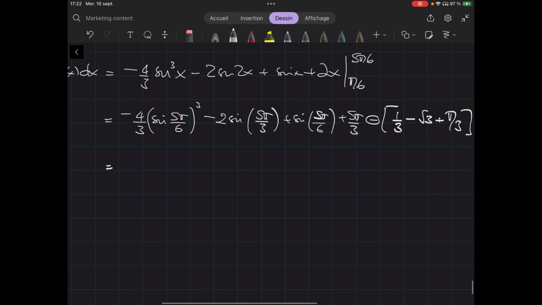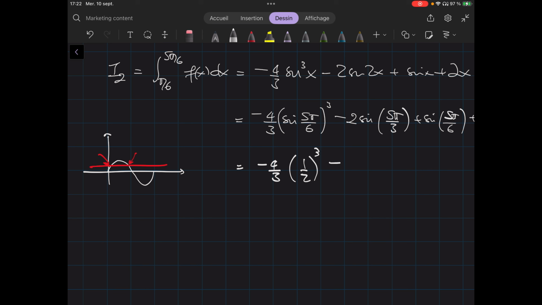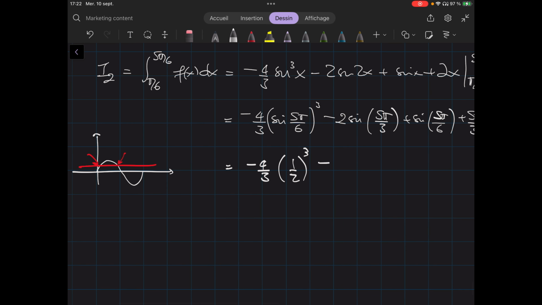Okay, sine of 5 pi by 6. Sine of 5 pi by 6 is the same thing as sine of pi by 6. So 1 over 2. Sine of 5 pi by 3.